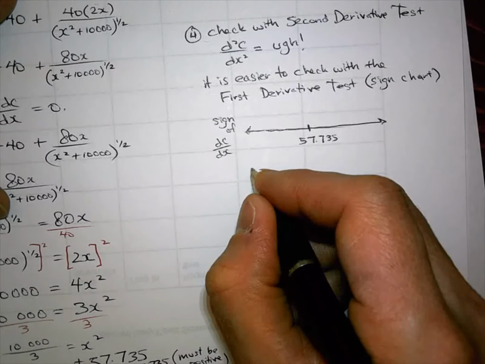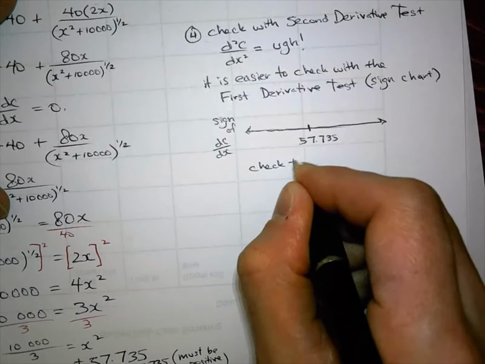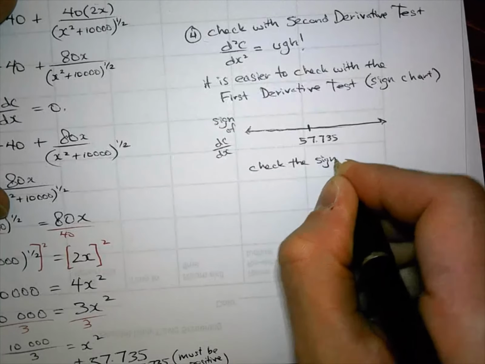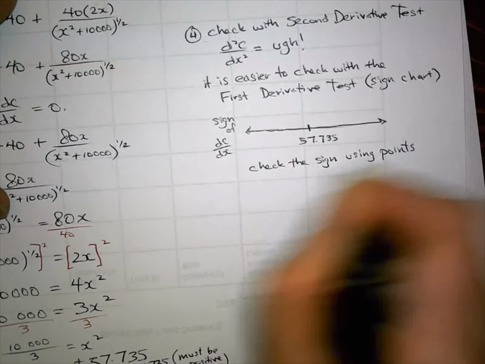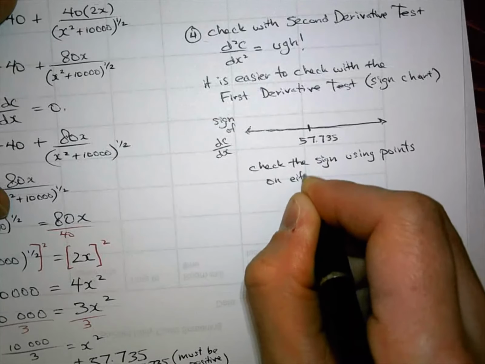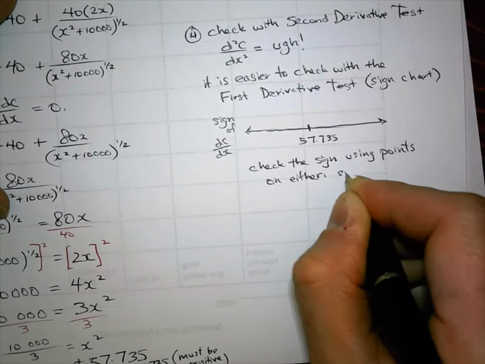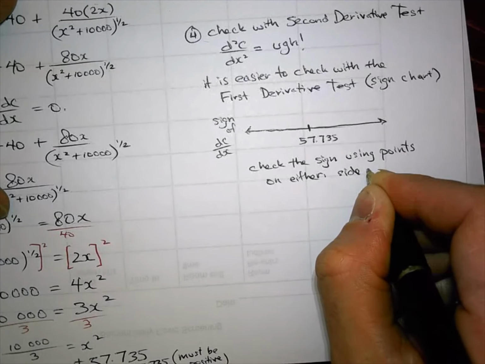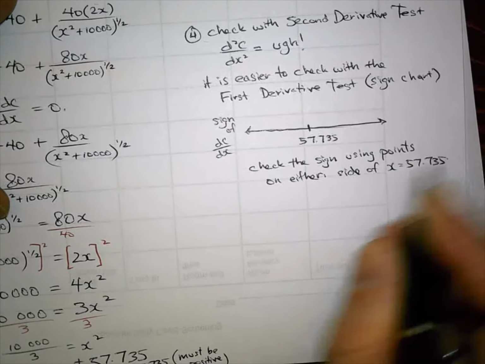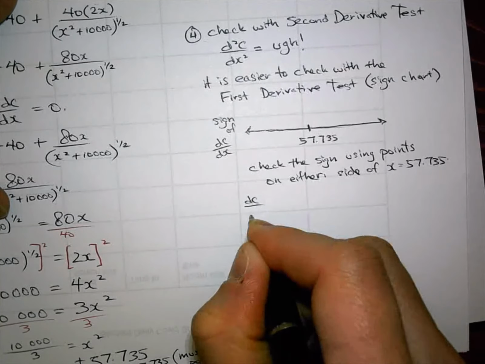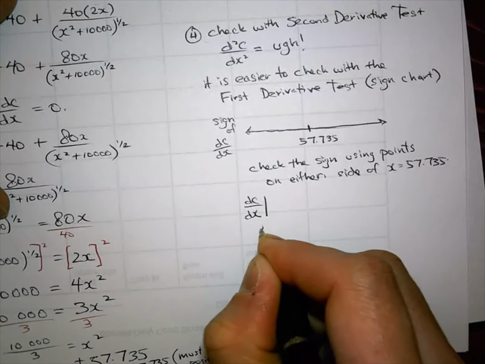So check the sign using points on either side of x equals 57.735. So for example, I can check dC/dx when x is equal to 57.